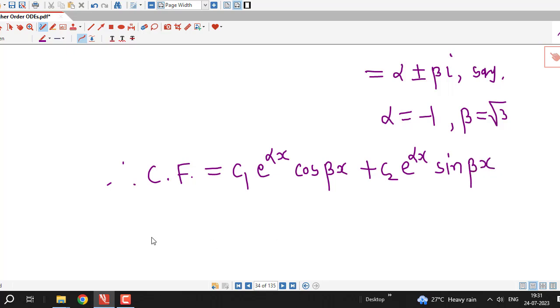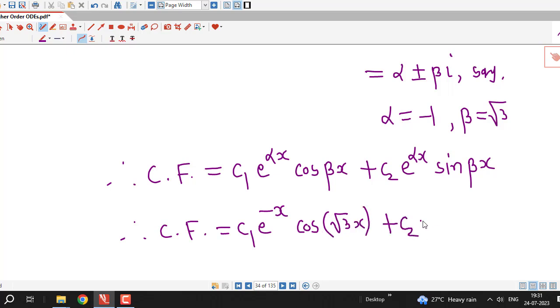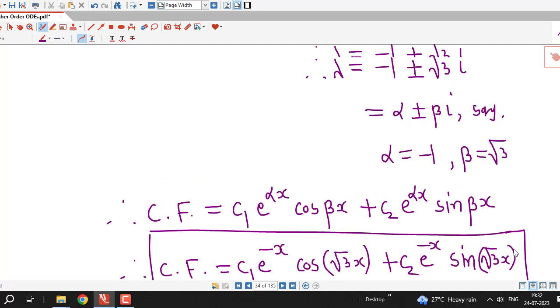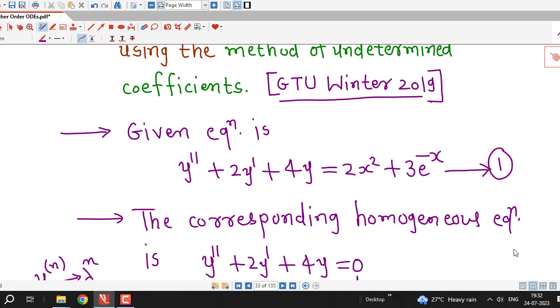We put the values of alpha and beta here, and we have c1 e raised to minus x cosine of root 3 x plus c2 times e raised to minus x sine of square root of 3 into x. This is the complementary function of the given equation which we have given number 1.